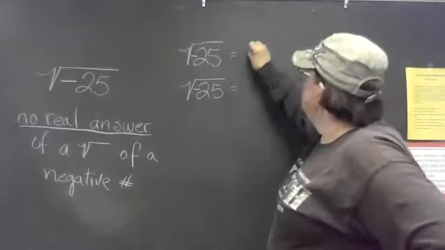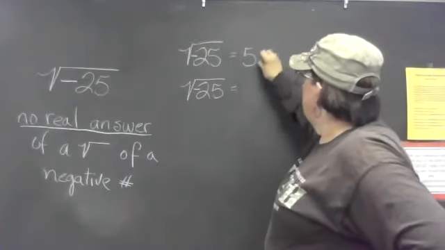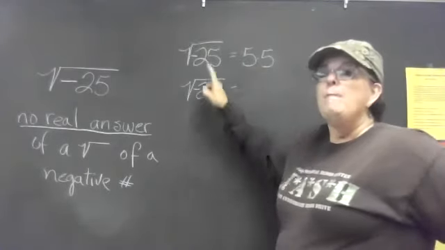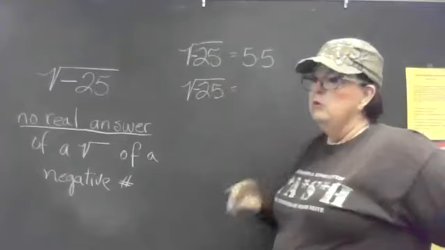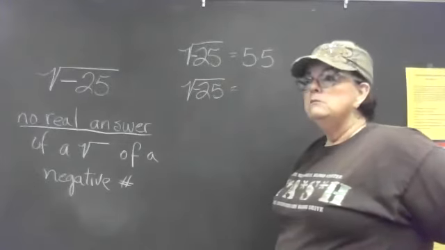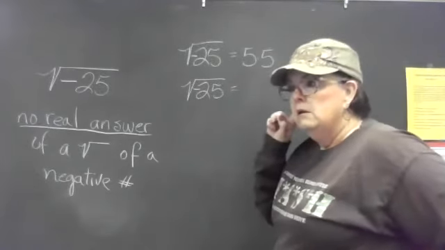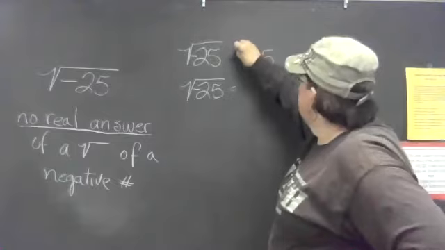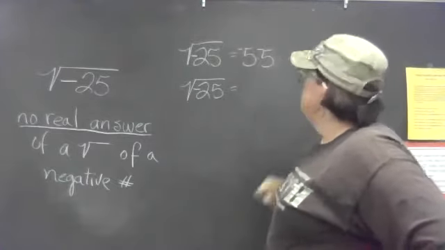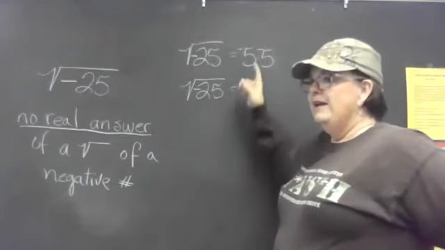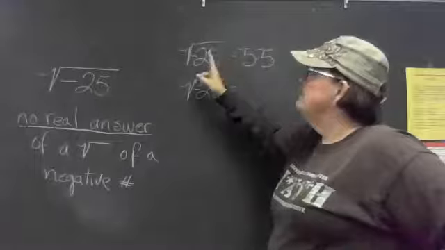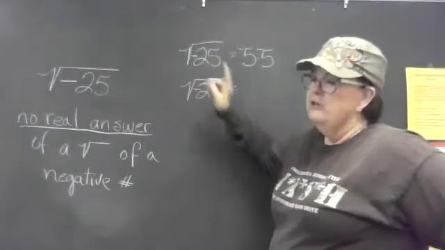So if you take 5 times 5, what do you get? Positive 25, so that doesn't work. Would it be negative 5? If I have negative 5 times negative 5, a negative times a negative gives a positive. So that's not going to work.